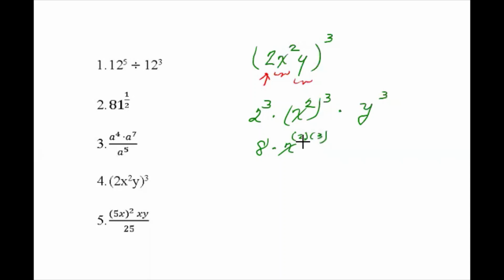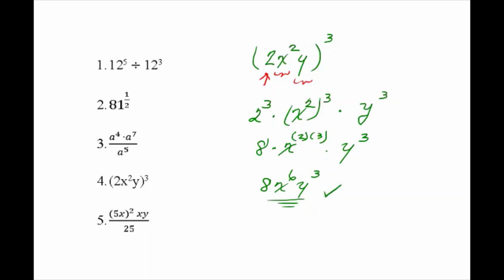Now I could just go ahead and put 6 there, but just for the purpose of slowing down the explanation, I'll just put 2 multiplied by 3. And then this is y to the 3rd power. So now moving to my next step, this becomes 8x to the 6th power y to the third power, and that's my simplified final answer.